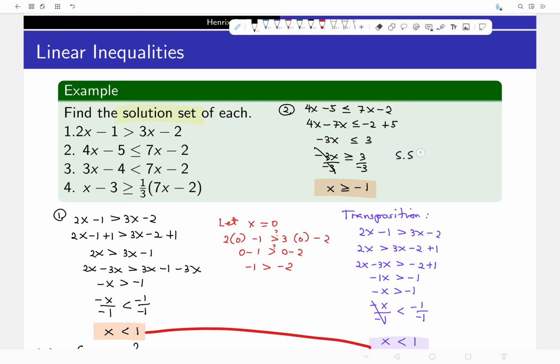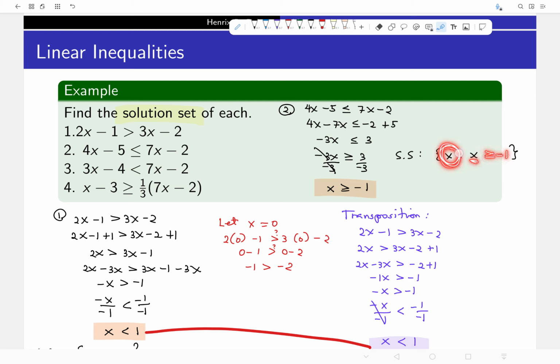So our solution set here is the set of all x such that, of course, x is a real number, such that x is greater than or equal to negative 1. So that is our solution set. Of course, there are many possible values of x. So again, x can be any number that is greater than or equal to negative 1.